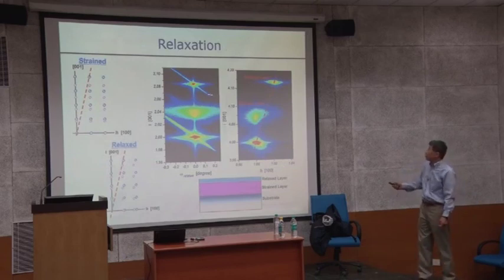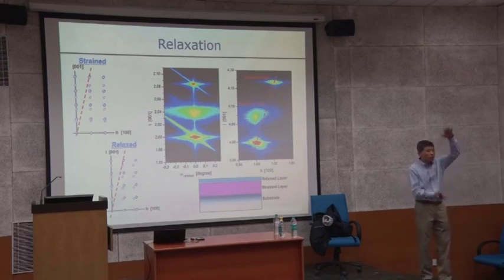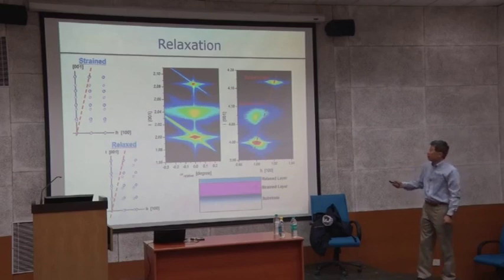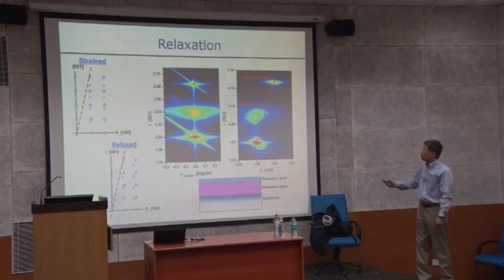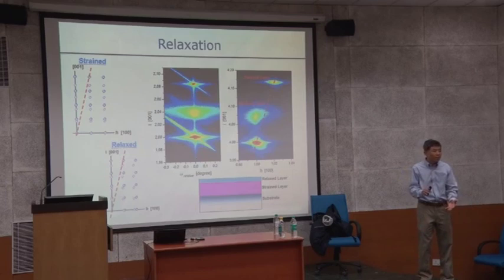And then the separation between these two and the separation between these two, this separation is bigger and this one shorter, then you get information on how much strain you have. From these two, I can immediately say this separation gets bigger when you relax. When you have coherent, the separation is shorter, right?